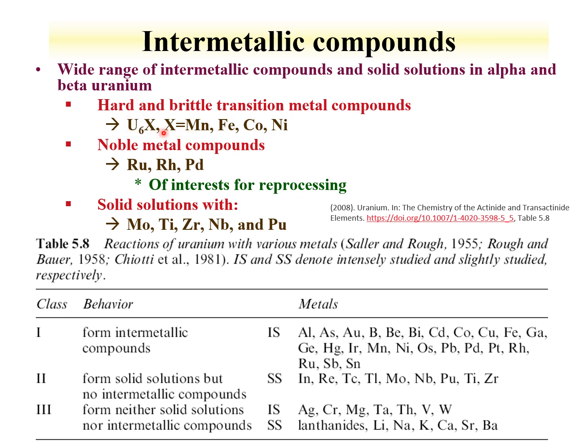So for instance, uranium with manganese, iron, cobalt, nickel, that composition in stainless steel, can form a U6X compound. So that intermetallic has specific stoichiometries.